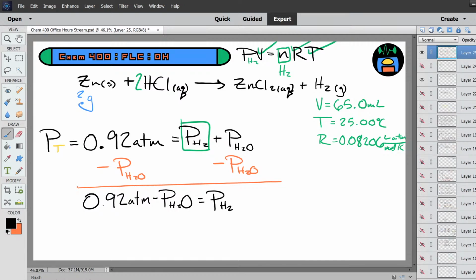Now, what is the partial pressure of water? It's that vapor pressure we were given. Problem is, the vapor pressure we were given was given to us in torr. So we need to do a unit conversion.